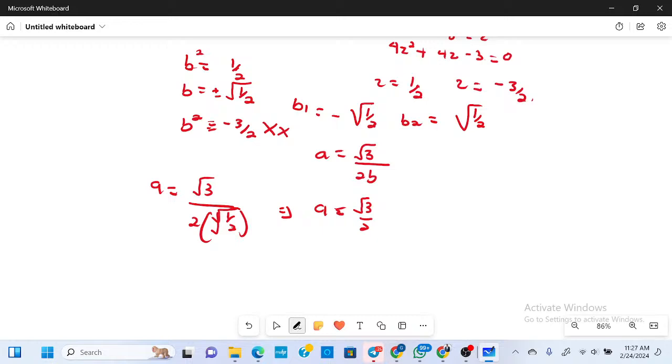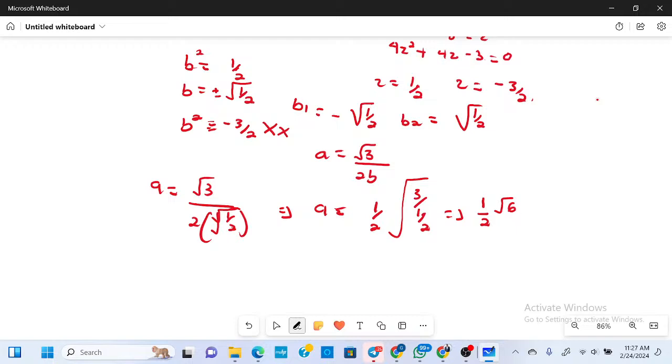Then this expression here, I can make it this way: I can make it half out. Then the element in the square root will be 3 over half, and this will be equal to 1 over 2 root 6.